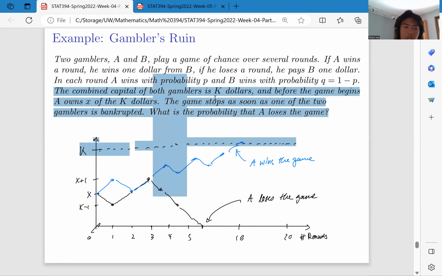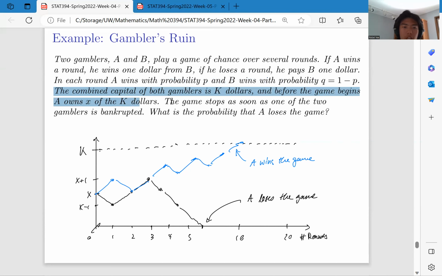Before the game begins, A owns X of the K dollars. The game stops as soon as one of the two gamblers is bankrupt, which means he loses down to 0. So what is the probability that A loses the game, that is, gambler A is ruined in the end?